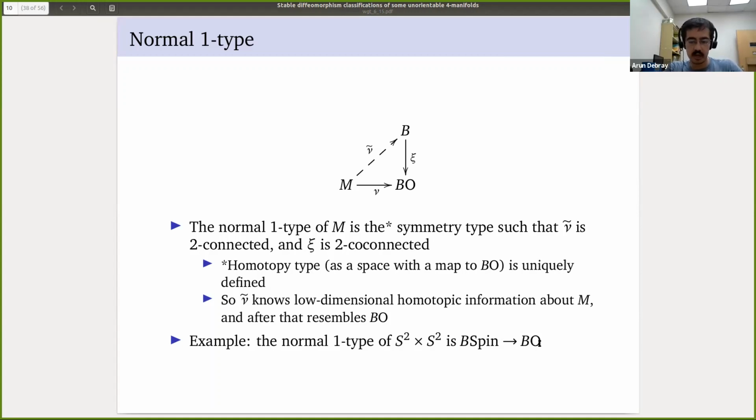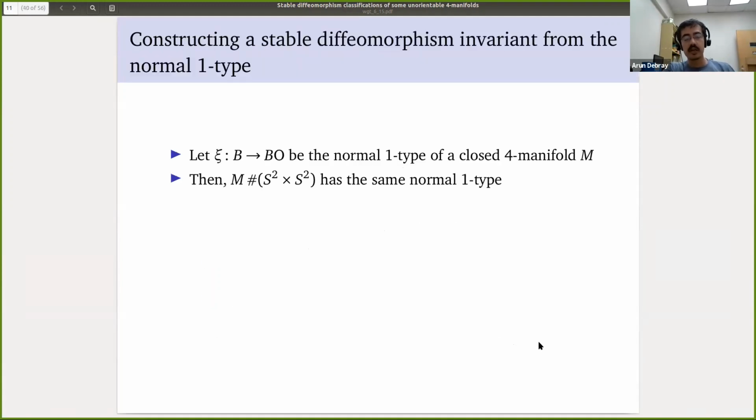What's it called? Not the connected double cover, but maybe the 2-connected cover. And so the upshot is that M and M connect sum S2 cross S2 have the same normal 1-type. So that is a stable diffeomorphism invariant.